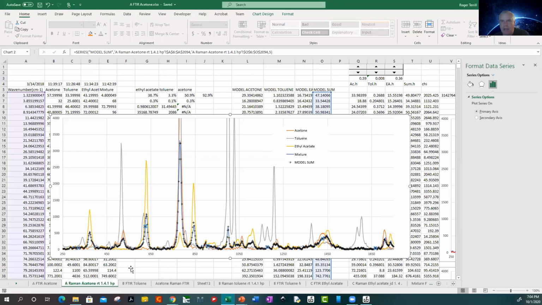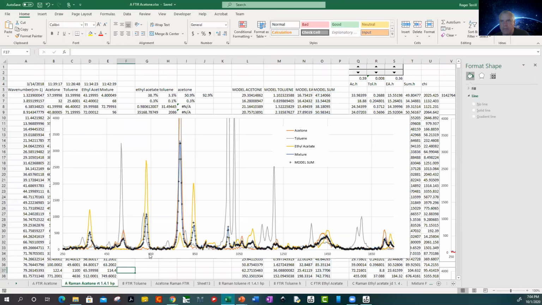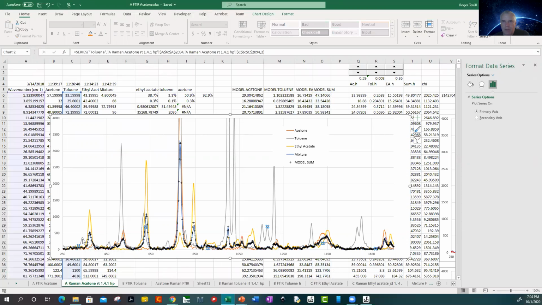And what we're saying is that this blue line ought to be the sum of the gray line times some constant plus the yellow line times some constant plus the orange line times some constant. And what we want to know is what those three constants are.